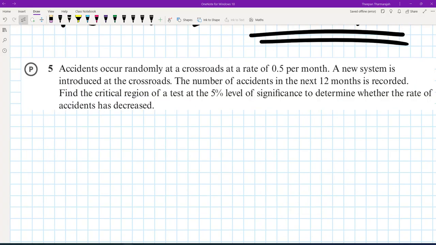Here's a question for you to try. You can pause the video, and when you're done, I will go through my worked solution. Okay, welcome back. I'm going to define a random variable.